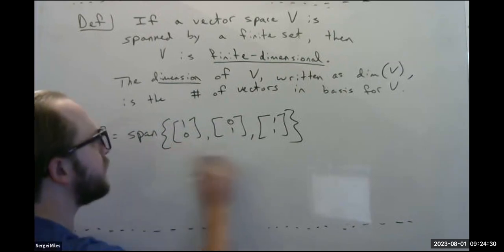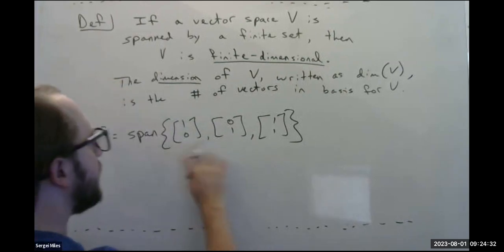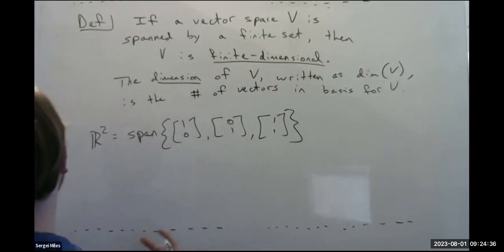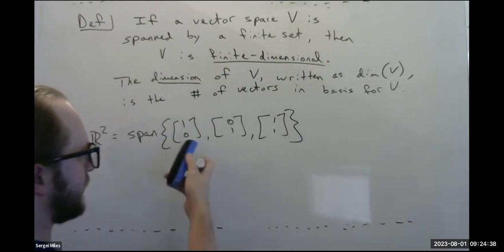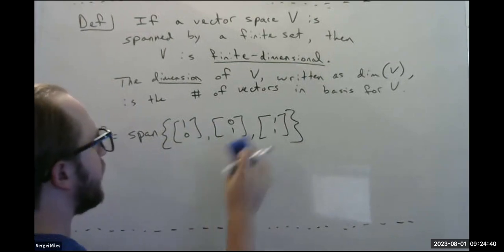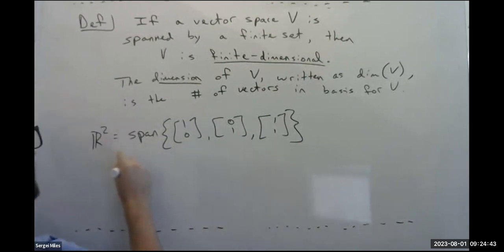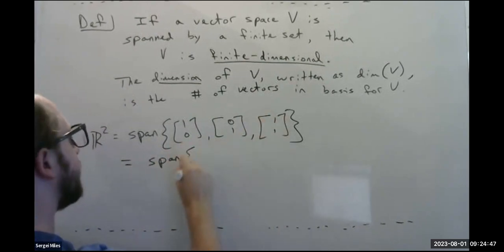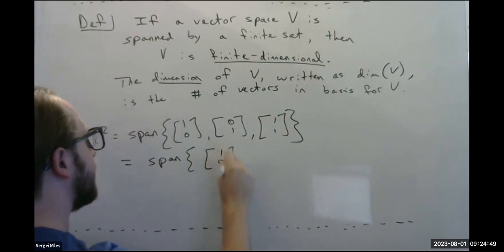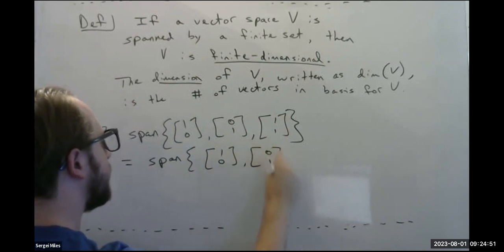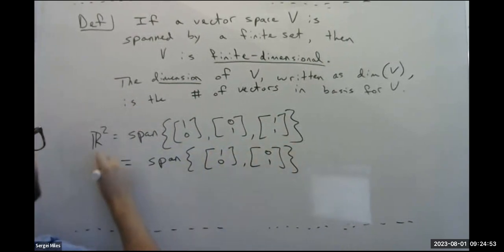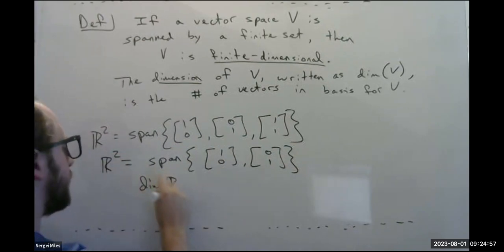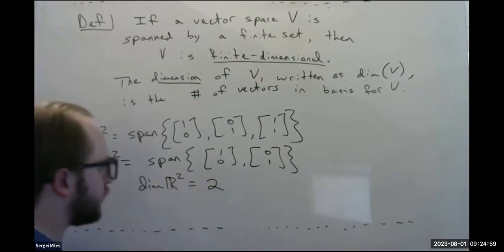Why? Because these vectors are not linearly independent. I don't need all three of these to define R2. Two vectors are enough for R2, an x-axis and a y-axis. We already know this from the spanning set theorem: if you have a linearly dependent vector, you can just drop it and it's the same thing. But now that they're linearly independent, I can't drop any further, and so the dimension of R2 is 2.